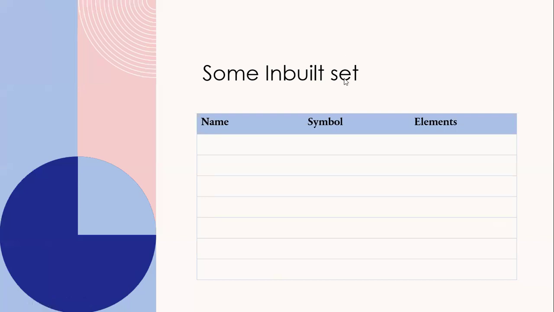Some inbuilt sets. We have to cover some predefined sets in mathematics which mathematicians have defined, so that we cannot change or hide those elements. For example, I take the natural number set.